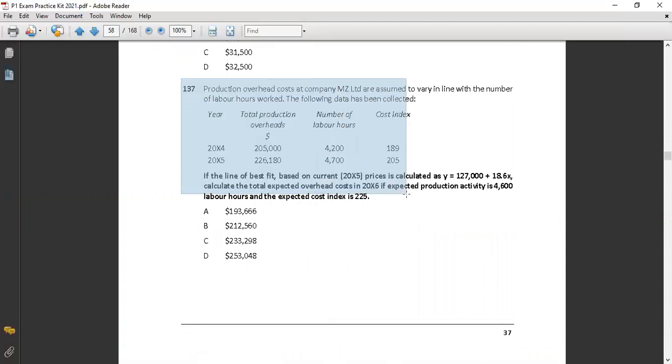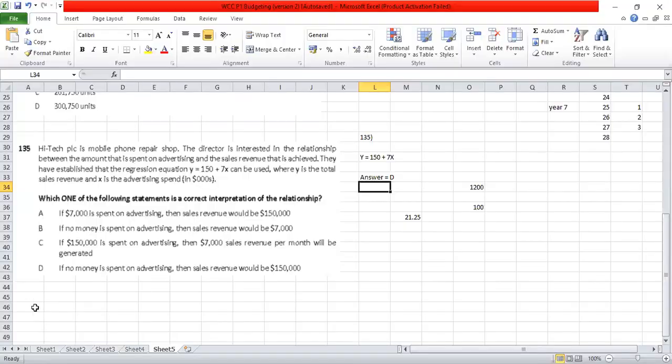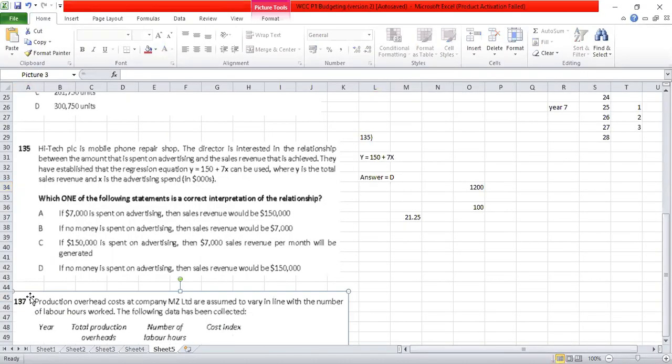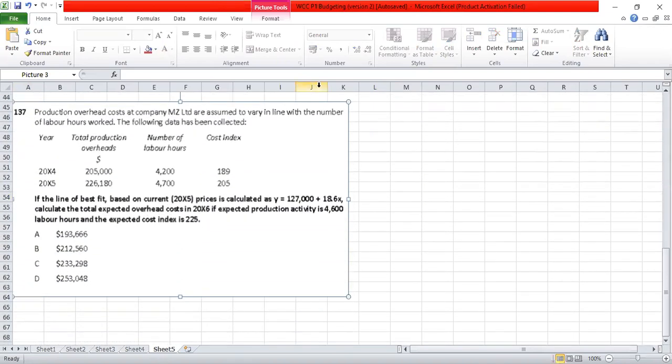Let's take this to the Excel sheet. 137. Production overhead costs at company MZ Limited are assumed to vary in line with the number of labor hours worked.